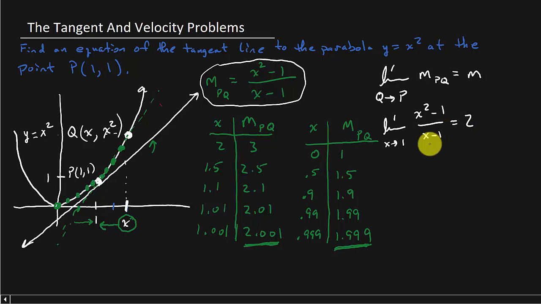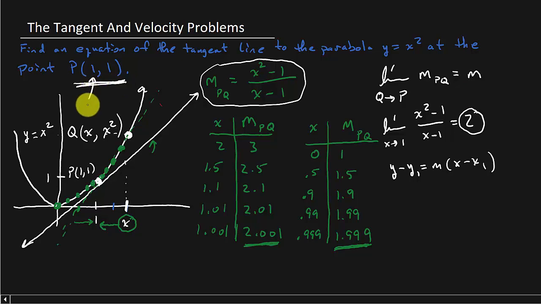And now that we know the slope of the tangent line, we can find the equation of the line. So we've got y minus y1 equals m times x minus x1. And then we just plug everything in. Here's our slope, and we know our point is (1, 1).